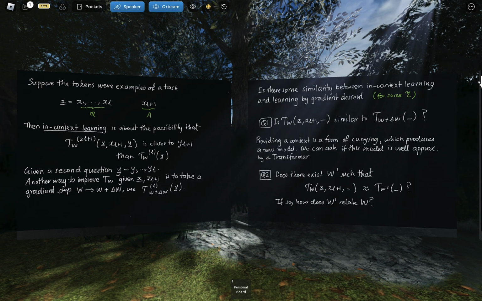And training the model on that subdistribution will be doing something like training or exploring the posterior for that subdistribution in a different part of parameter space to the model itself, right? The overall weights of the original model, like the transformer, the W. W prime is something that is determined by the data, right? Maybe there's more than one example here, but W prime is a function of the context.